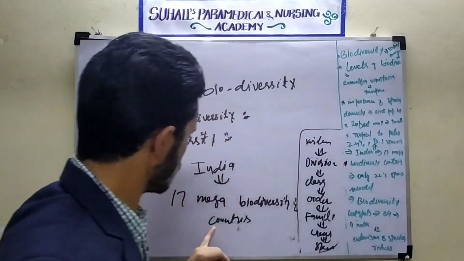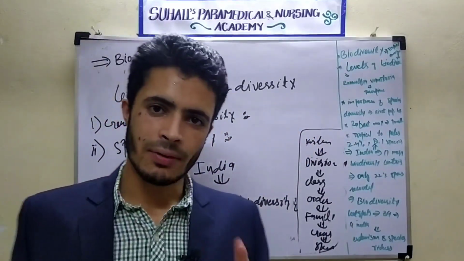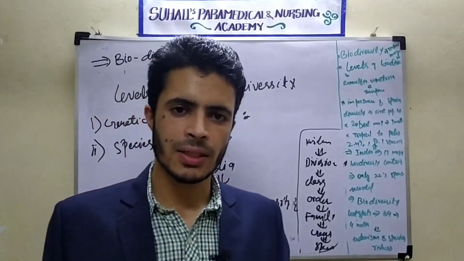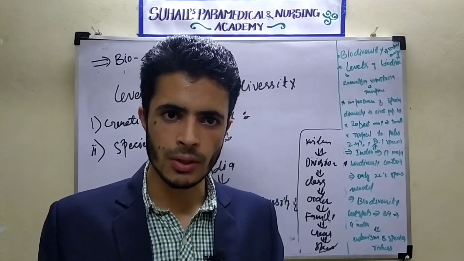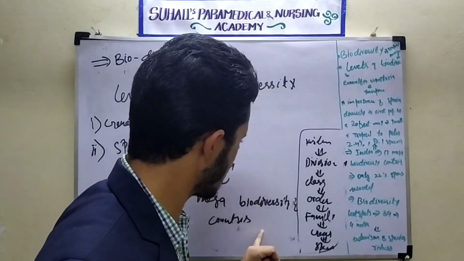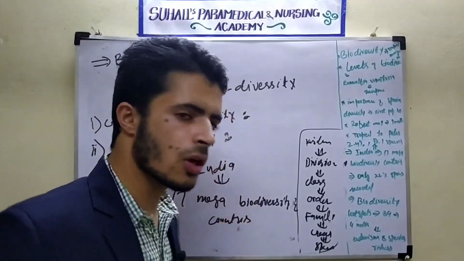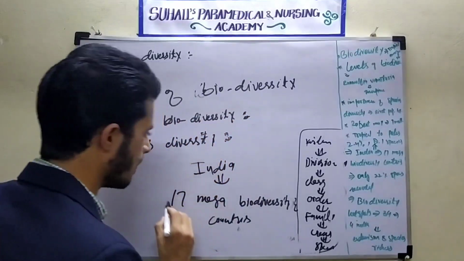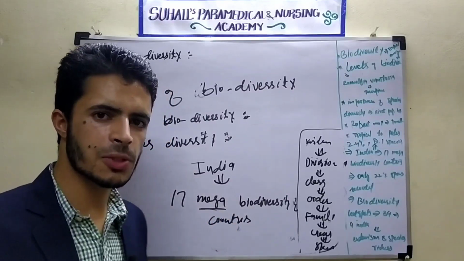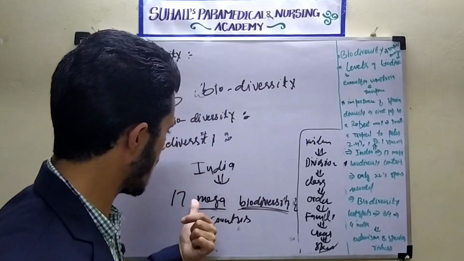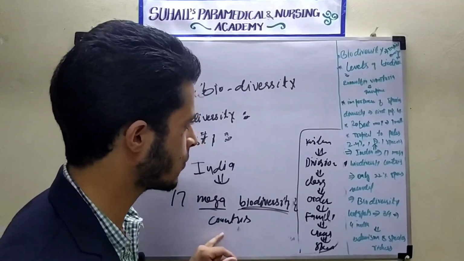There are China, Brazil, Malaysia, Congo, and different other countries, and India is also among these 17 mega biodiversity countries. Mega means biggest, and biodiversity means high, so a mega biodiversity country has the highest biodiversity. India is among these 17 mega biodiversity countries.